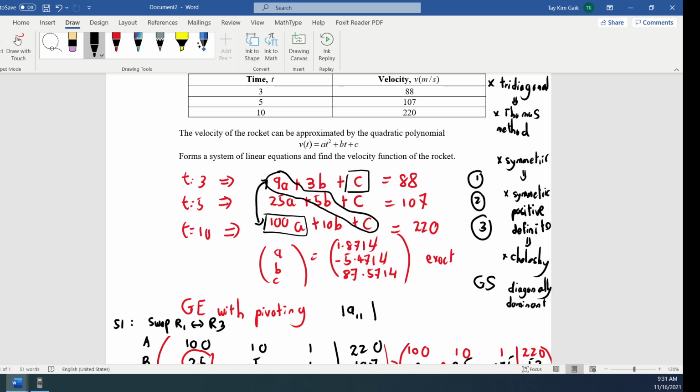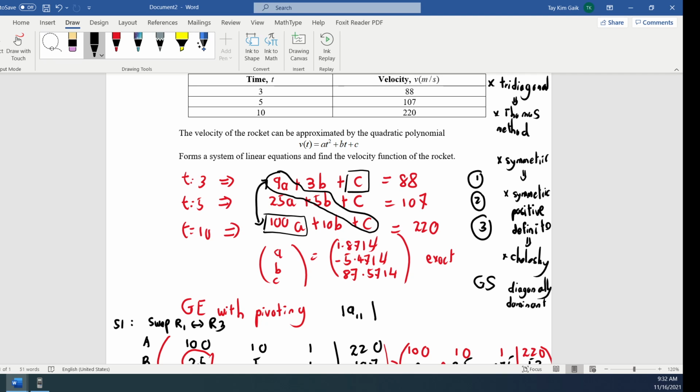So this can be row 1. But in the second row, column 1 is still the maximum. In the first row, 9 is dominant compared to adding up 3 and 1, which is 4. So it's always the column 1 value that is dominant. So this is not diagonally dominant.